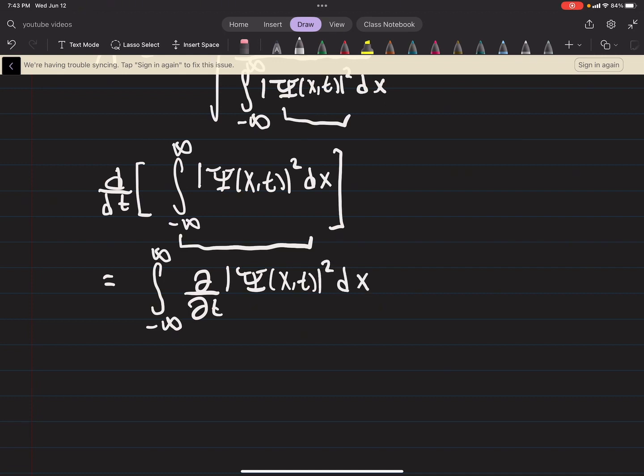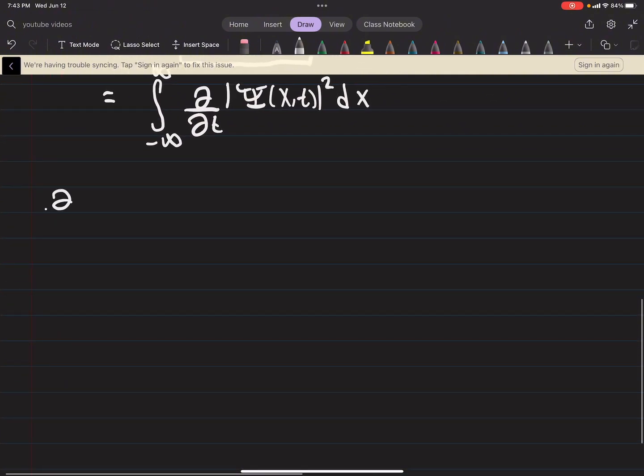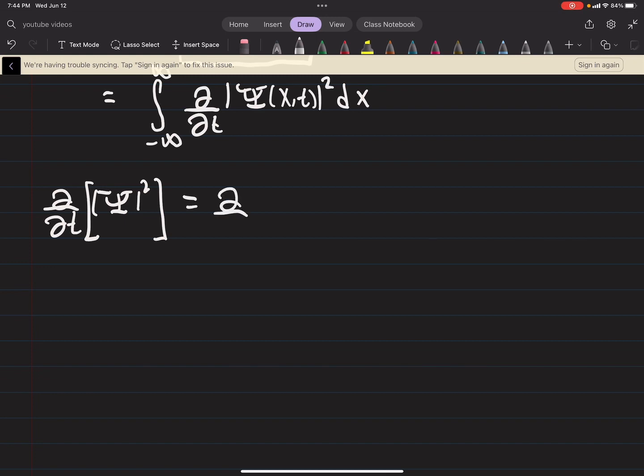Okay, so now we're here. Now if we wanted to take the time derivative of psi squared, remember, psi in general can be complex. So when we square that, we're multiplying psi times psi star.